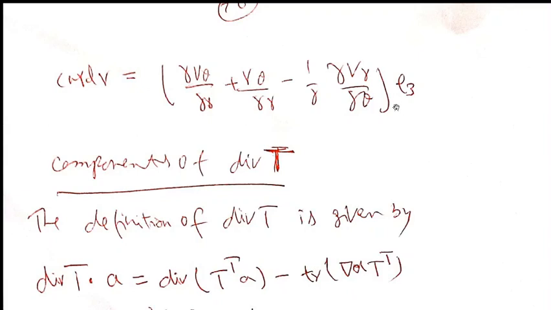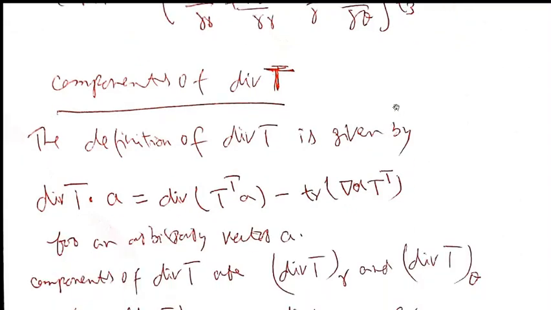Now components of divergence of a tensor. We know the divergence of T is a vector, and by the definition we can write this equation. The divergence of T will satisfy this type of equation: when you take the dot product of that divergence of T, that vector, with any vector A, you will have this on your right hand side.